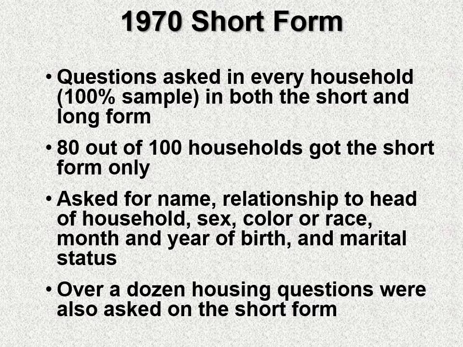Not very much. They asked for the name of the person, relationship to head of household, the sex of the person, the color or race, month and year of birth, and marital status. That's for the population part. There were over a dozen housing questions also asked on the short form.